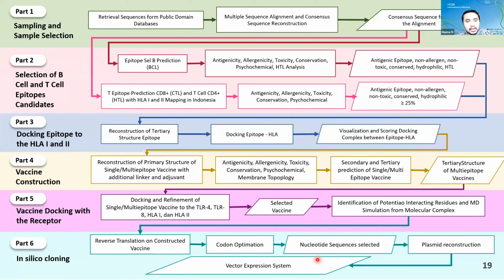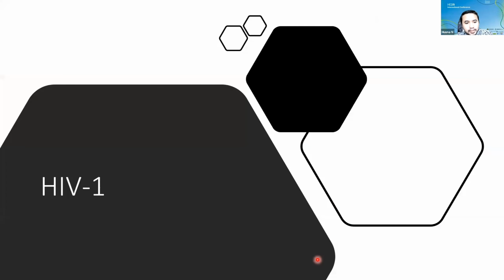So this is something that we can optimize using the bioinformatics approach. This is the case of what we have done using in silico prediction with HIV-1.